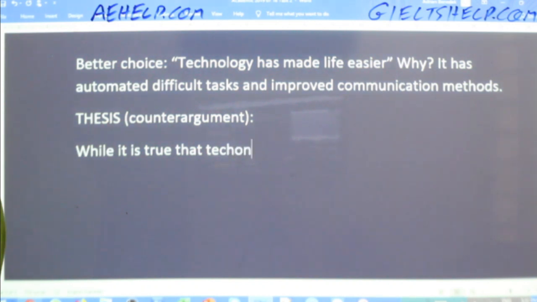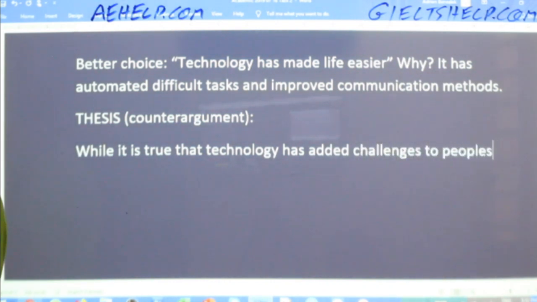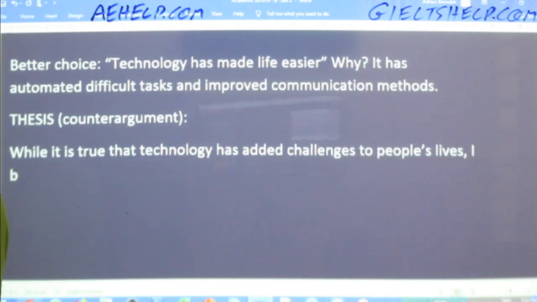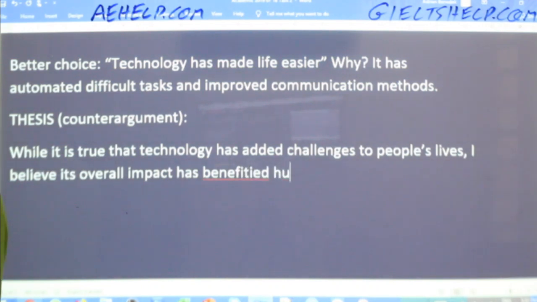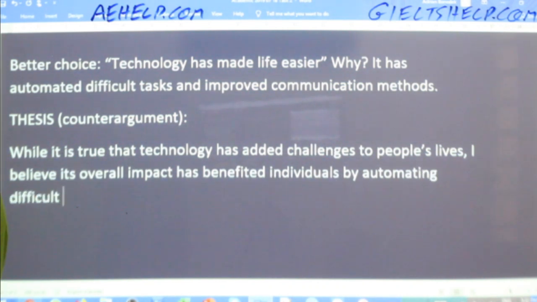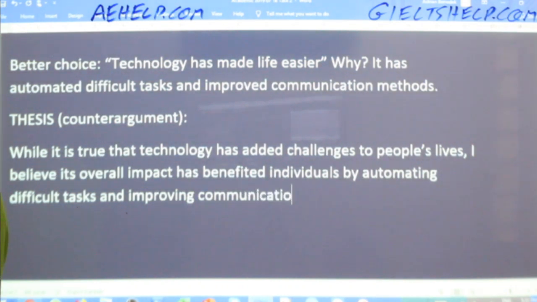that technology has added complications, or even better, challenges to people's lives, I believe its overall impact has benefited individuals by automating difficult tasks and improving communication methods.